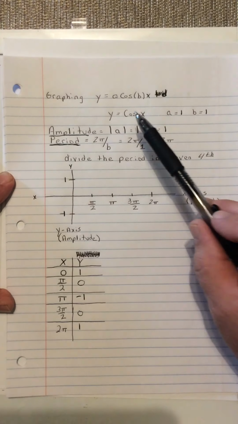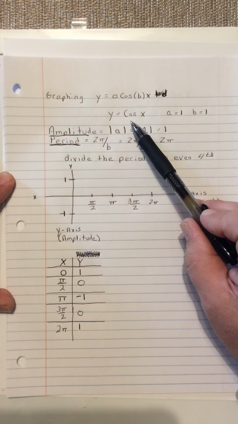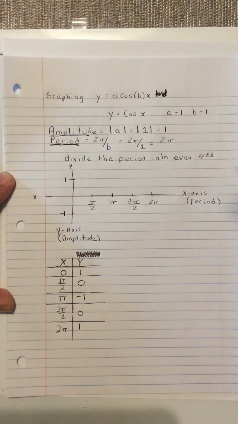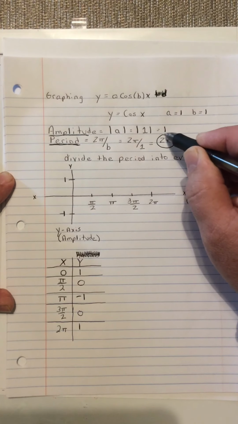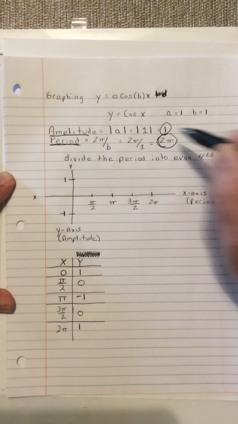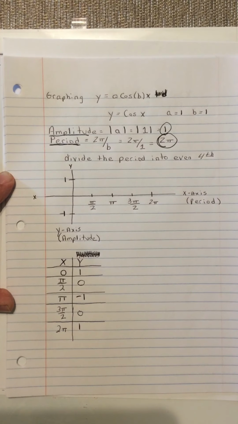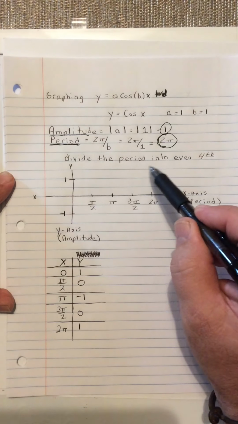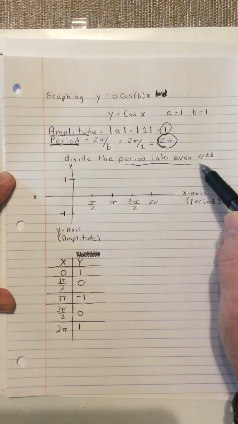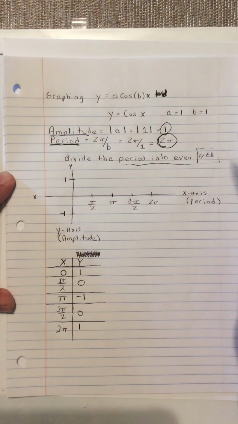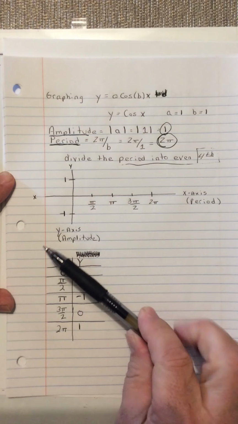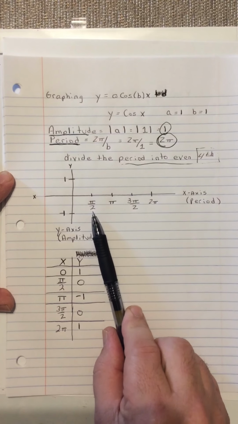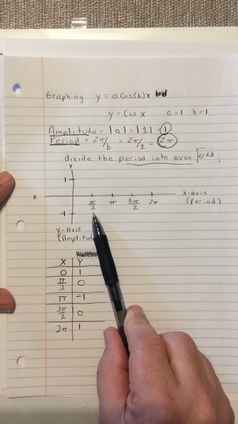So this graph, y equals cosine x, has an amplitude of 1. Its b value is 1, which makes its period 2 pi. Whenever we have a period, we always divide it into fourths. That's because there's 4 quadrants. So if you look at my scale here, I went pi over 2, that's quadrant 1.